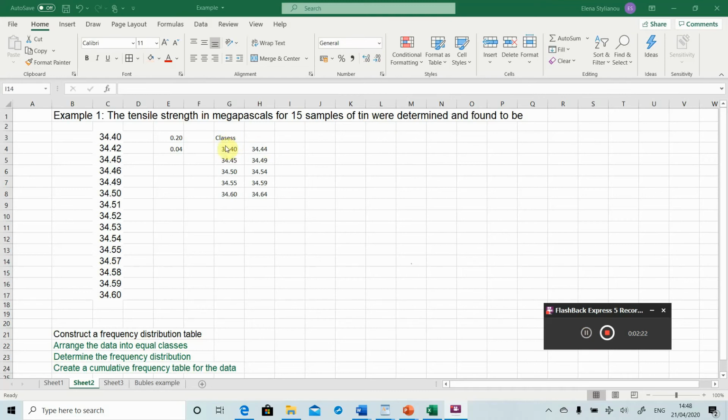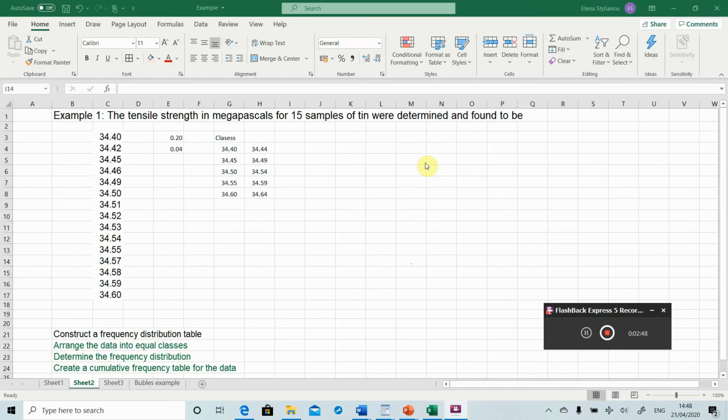So now we can set up the classes. The first class will start with 34.40, and because the class width is 0.04, 34.44 will be the right end of the interval for the first class, then the second class, third class, and so on.